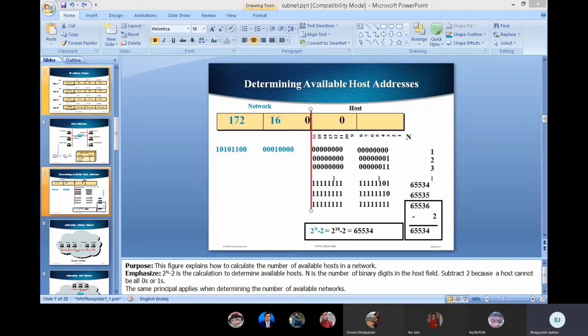Now you understood how we use this formula. Yes, ma'am. Are you getting it, or if you still have any doubt, then please ask me. Again, I will explain that part.